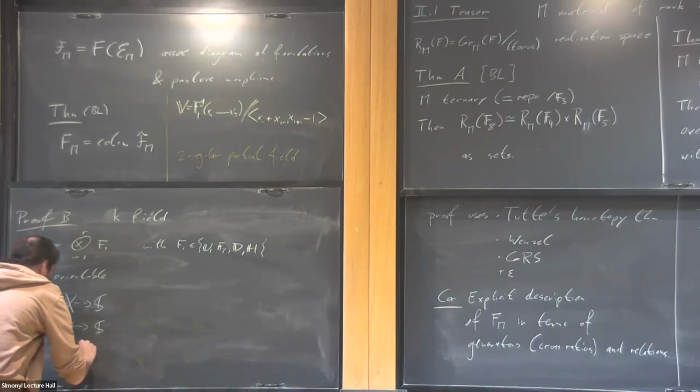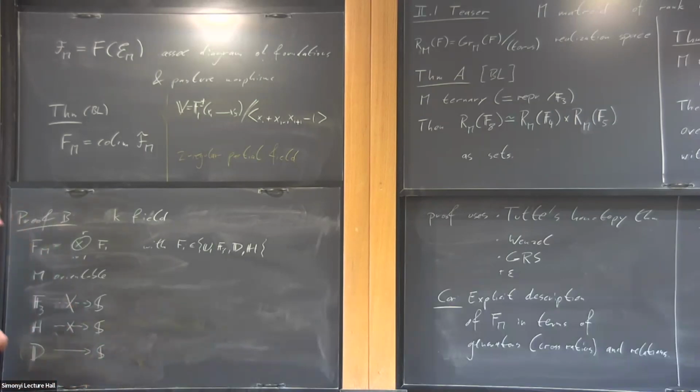D actually has a morphism to the sign hyperfield. And this kind of refers to a theorem that's known. A ternary and orientable matroid can be represented over every field that's not of characteristic 2. That's a theorem probably by Matroids, I don't know.